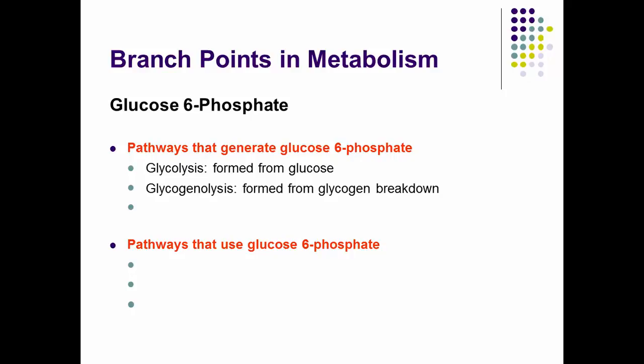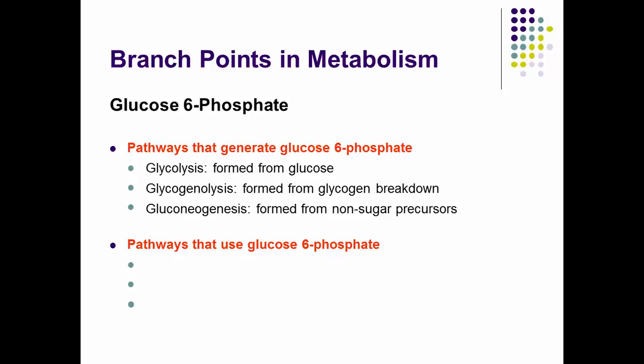Glycogenolysis. You could break down glycogen, which can also generate glucose 6-phosphate. And the last one, gluconeogenesis, right? Glucose 6-phosphate is also present in the gluconeogenic pathways, right?